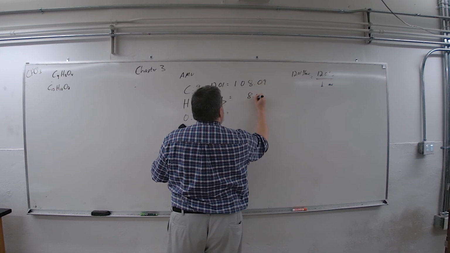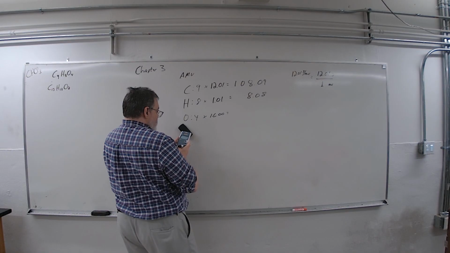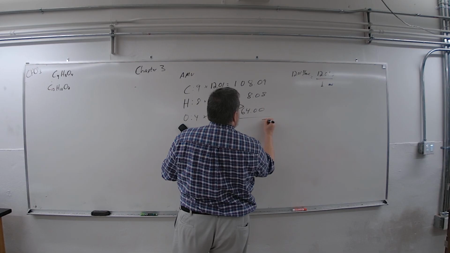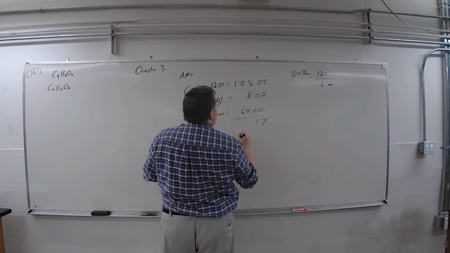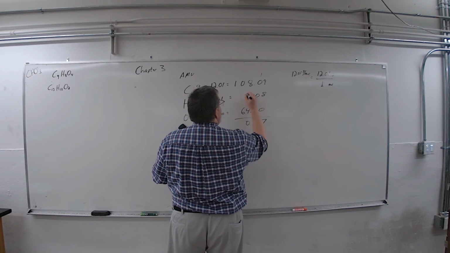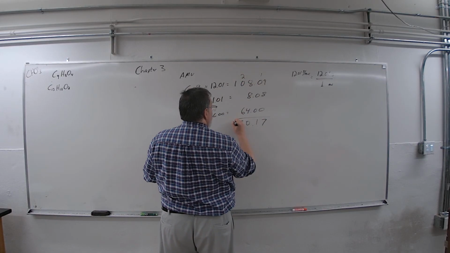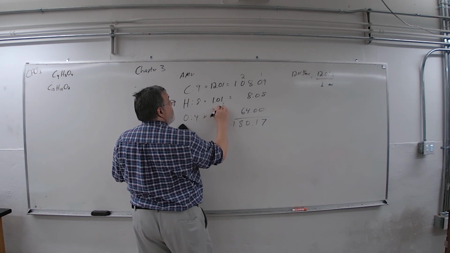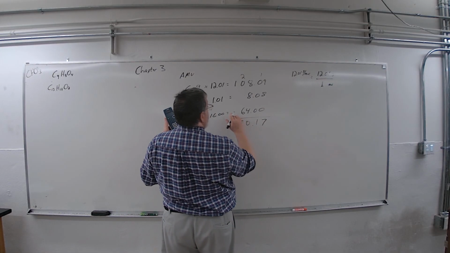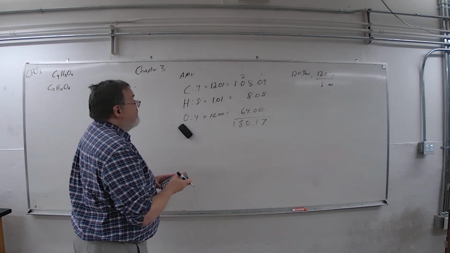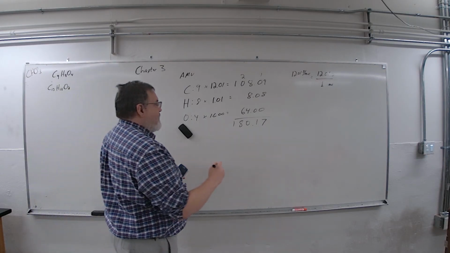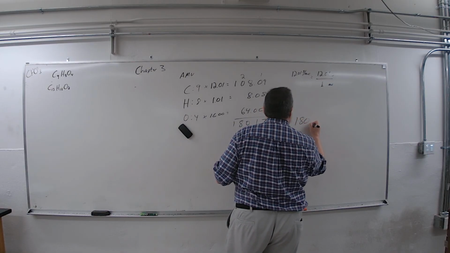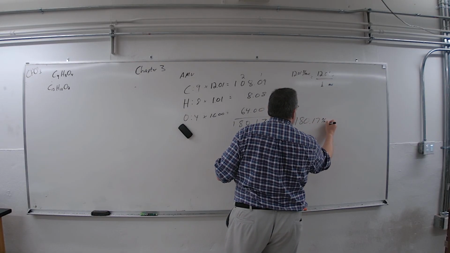This will be 8.08. 32, 64, this will be 64. Add them up, 9 and 8 is 17. Four significant figures, 3, 4, 3. So I do keep all of those. 2 after the decimal. And again, AMU is perfectly legit, but really, grams per mole.